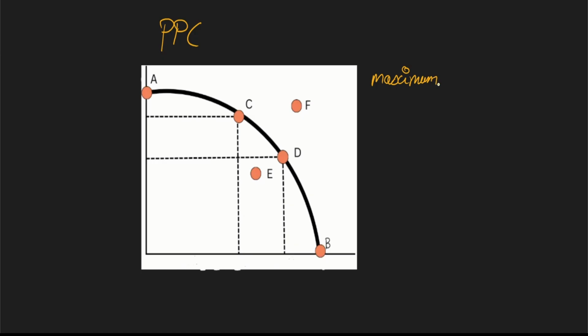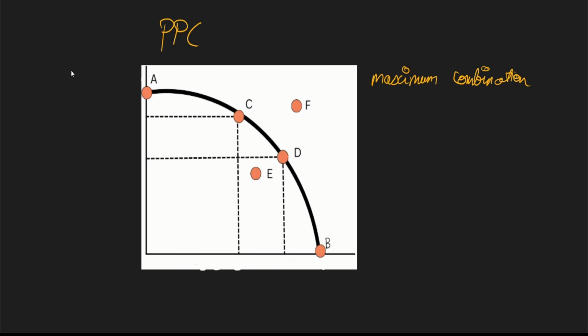So either goods and services, or any two goods, or any two services, or whatever. So it's basically representing the maximum combination of two items that can be produced either in an economy or in a firm. Usually it's used for economies, but sometimes it can be used for firms as well, right?